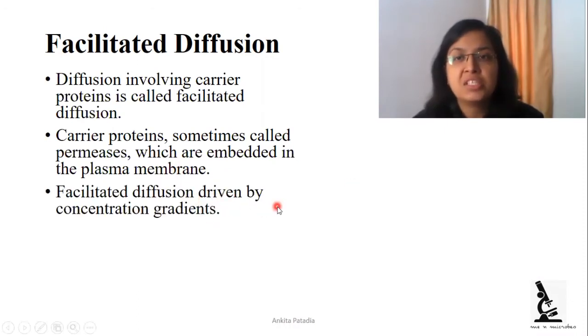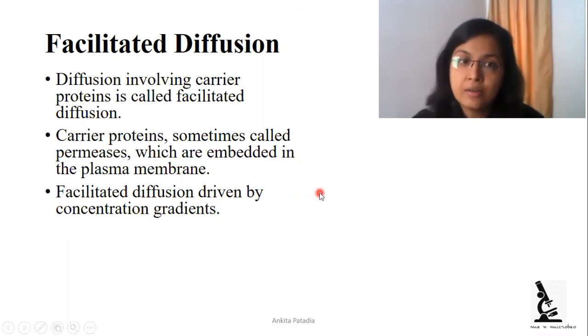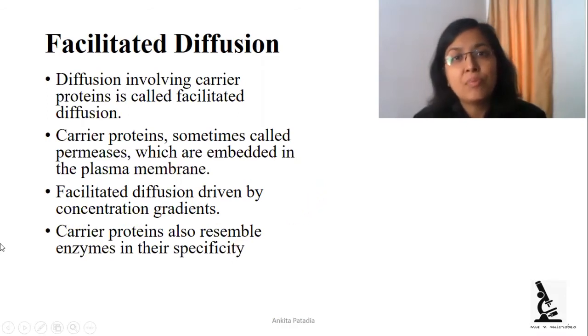Facilitated diffusion is driven by the concentration gradient. As with passive diffusion, it also occurs along the concentration gradient. The carrier protein sometimes works like an enzyme, meaning it is specific to its substrates. Each carrier molecule does not allow all particles to come inside the cytoplasm.